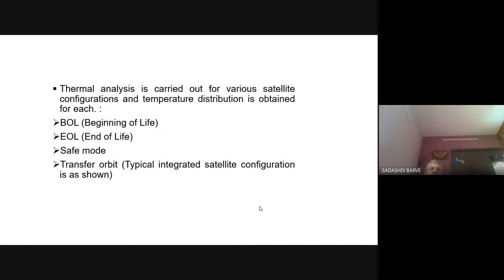So by virtue of that, the temperature of most of the subsystems is maintained close to 25 degrees centigrade. But the time of liftoff is declared just 10 minutes before that, they switch off the AC system.